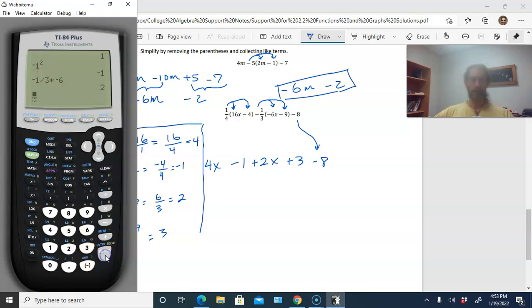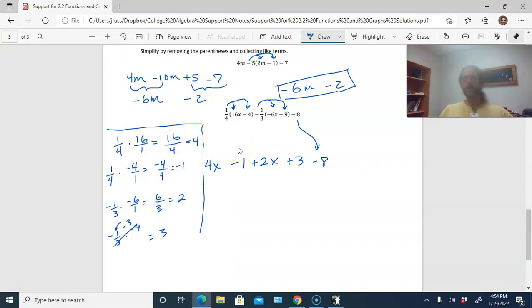So if I click on that, I can actually type in the negative 1 over 3, and then I could say times, whatever. Let's do the negative 9 now. Times negative 9, hit enter. The nice thing about this is that if your answer were going to be a fraction, it'll give it to you as a fraction. If you type it in the other way, the way I did the first time, it'll give me my answer as a decimal if my answer is a fraction. Okay, so a couple ways to do that.